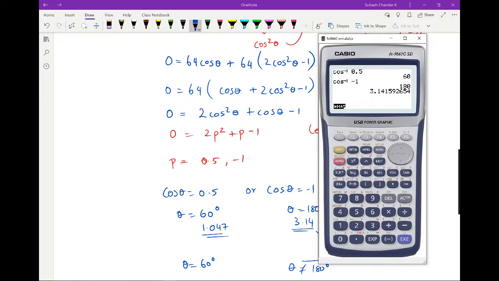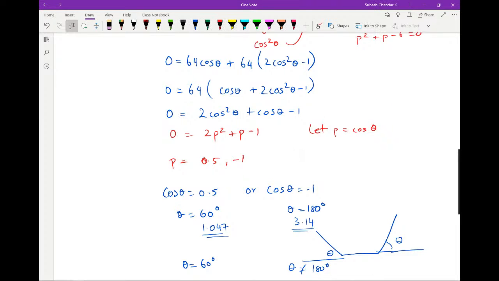But the problem with 3.14 is that I can't visualize it. I can't visualize what 3.14 is going to look like. But if you tell me the angle is 180 degrees, then I know 180 degrees can't be right, because that means this theta is almost folded this way, if that makes sense. So that's how I know degrees works well for real-world questions like this.